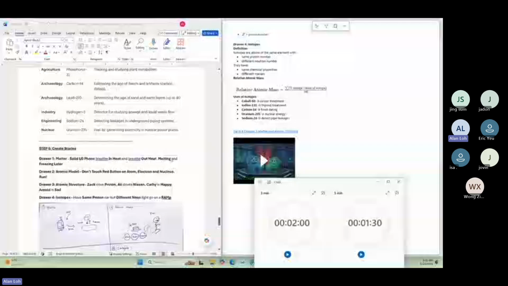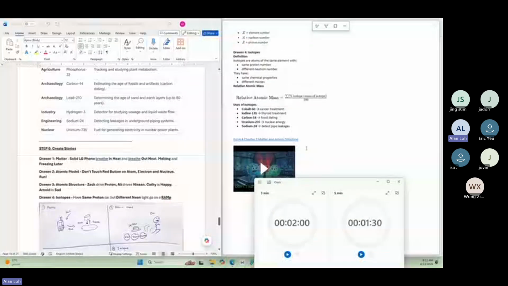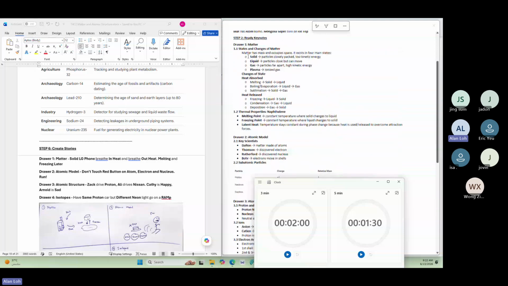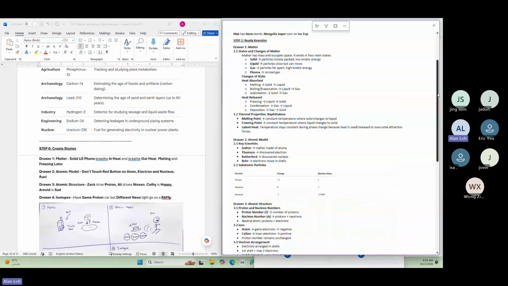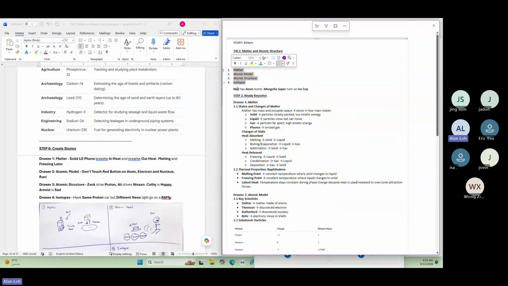Let's throw this back to step 1, drawer 1. So I hope you guys are able to remember now the name of the drawer in sequence: matter, atomic model, atomic structure, and isotope. And how do you remember this easily?